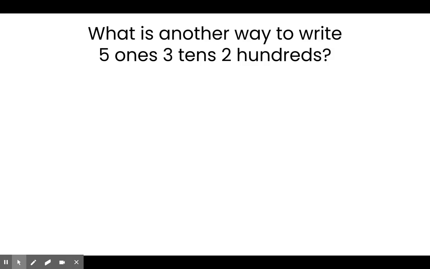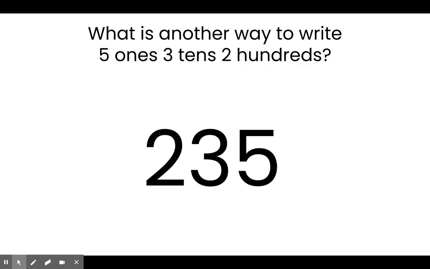Okay, at any point in time, you can pause the video. Let's check your work. Here we go. Did you get 235? Let's look up here at this unit form phrase. It said 5 ones. There are my 5 ones. Next, I had 3 tens. I write my 3 tens here because it takes 10 ones to make 1 ten.